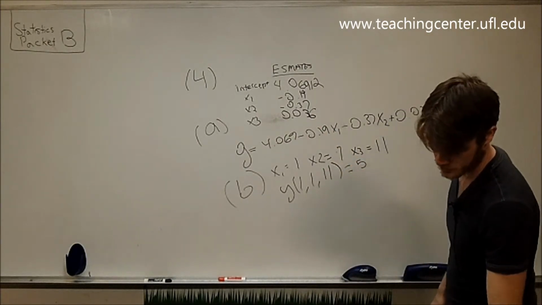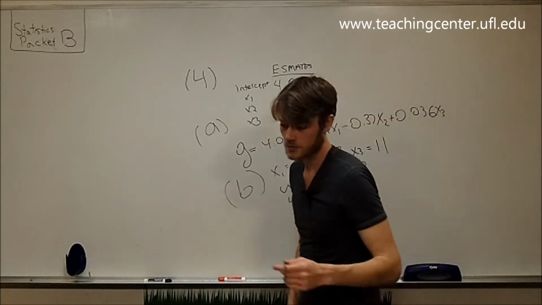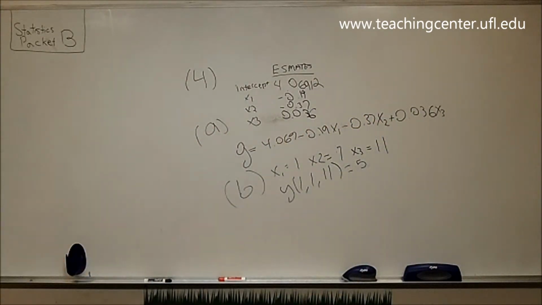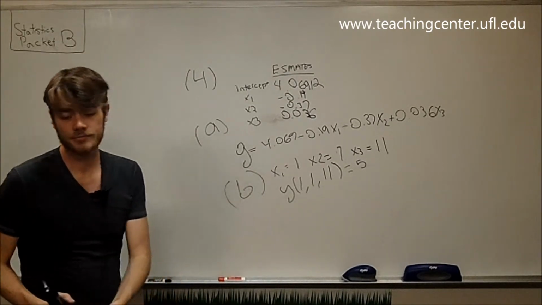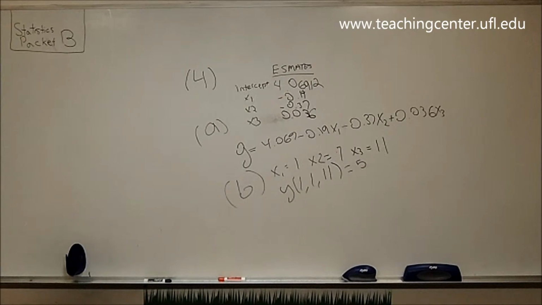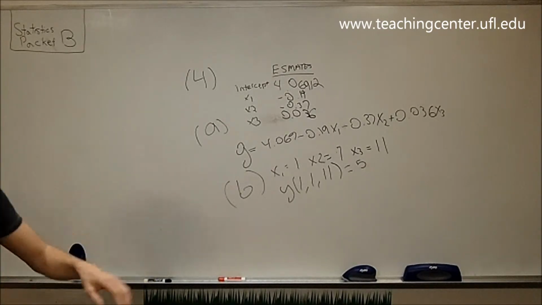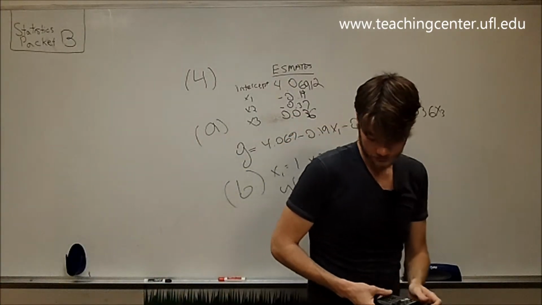Now we want to find the residual. In order to find the residual, we have to plug it into a calculator. And remember, the equation for residual is observed minus expected, right? It's observed minus expected, so let's plug that into the calculator.